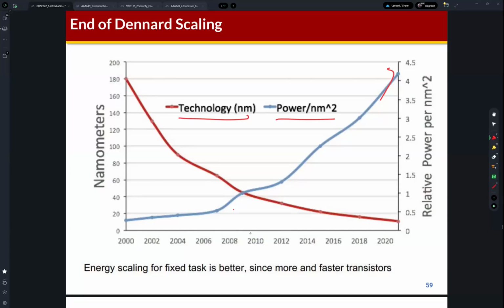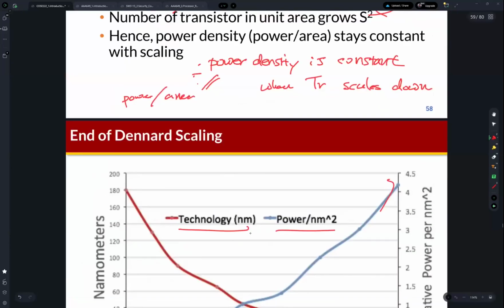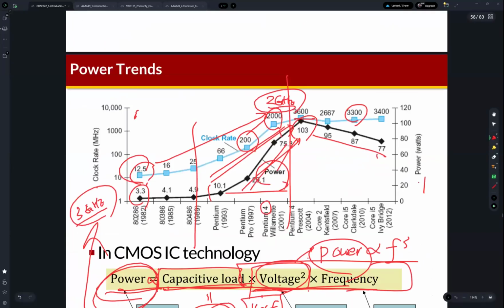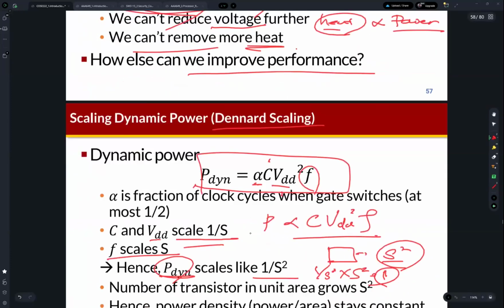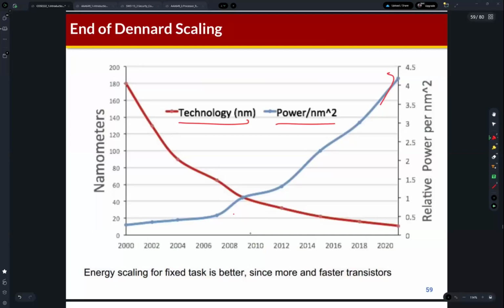And I mentioned that power is also a very critical cost factor, and it is also a constraint from the manufacturing process. It means if the power consumption is very high, it's also difficult to make a chip.